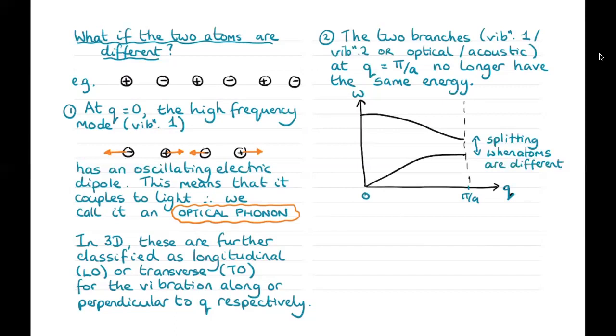Okay, so this discussion so far, we've just been thinking about classical atoms or classical ions. The very last thing I want to discuss is the quantum mechanical case.